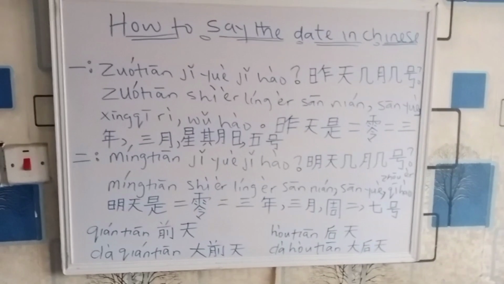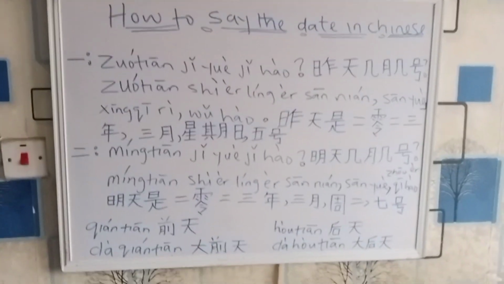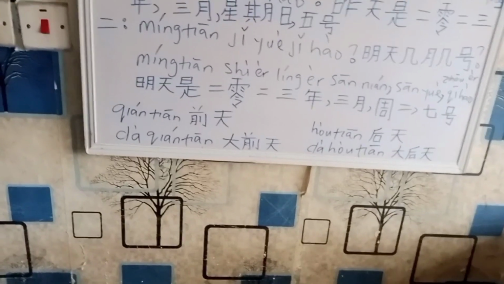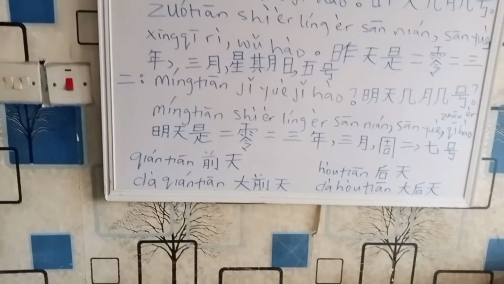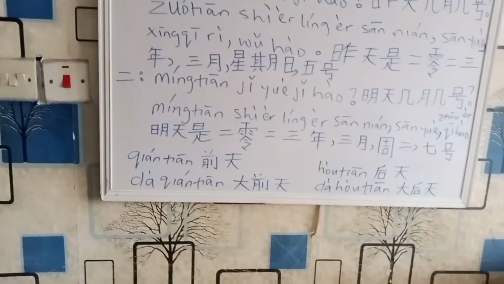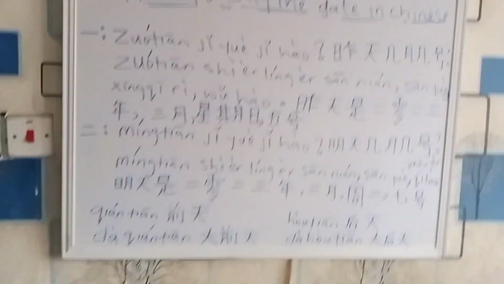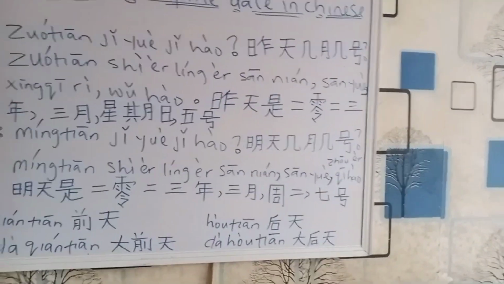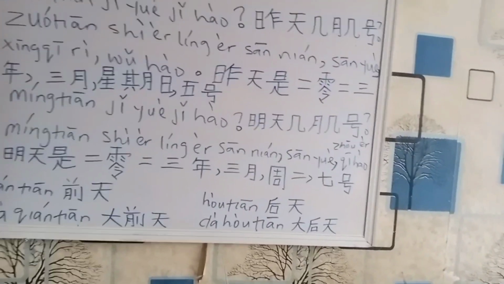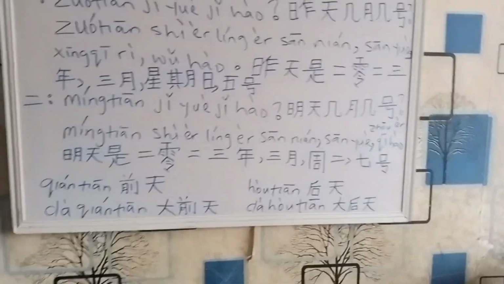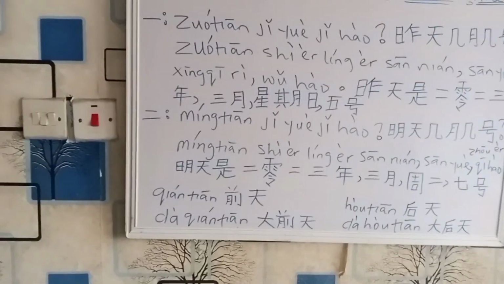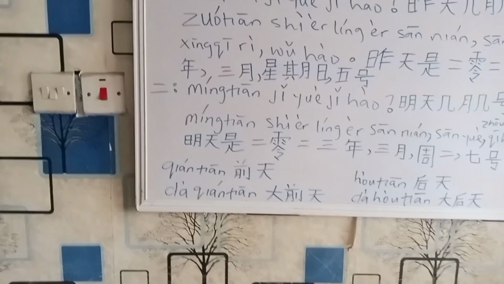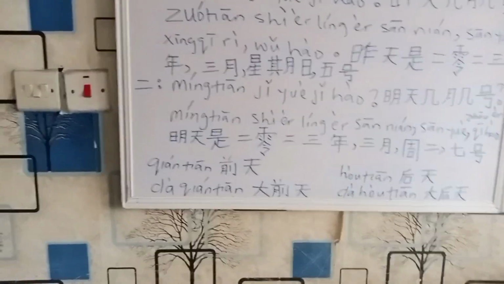Your assignment will be to tell me 前天几月几号, 大前天几月几号, 后天几月几号, 大后天几月几号. And you're going to answer them. This one I am saying is the question. 前天几月几号, that's the question.